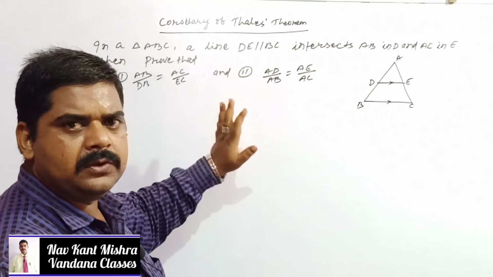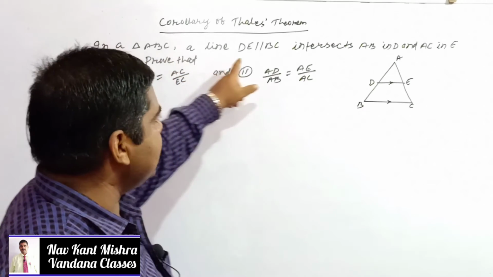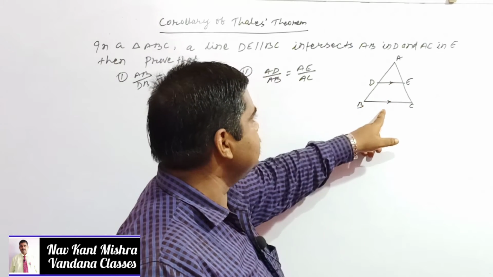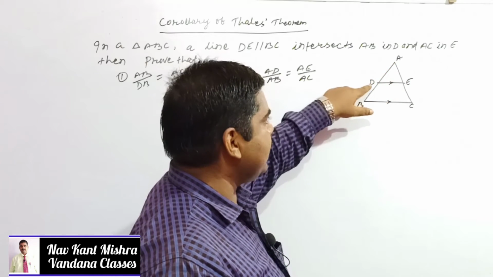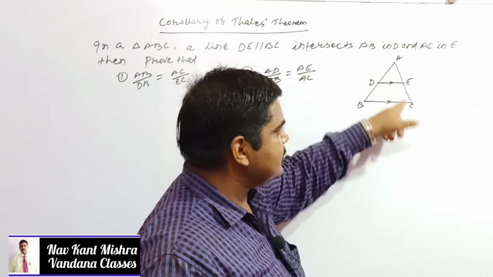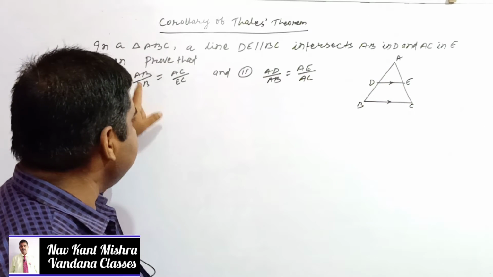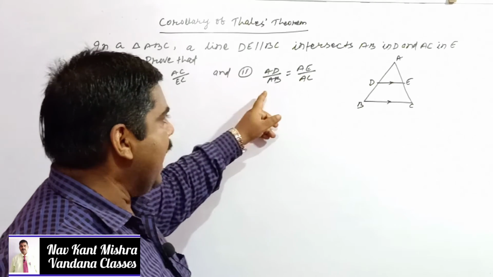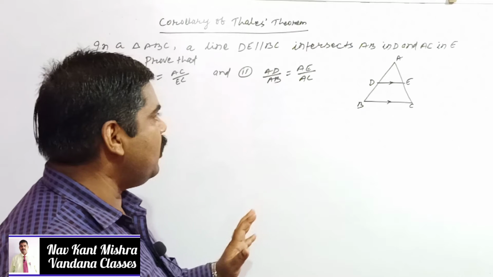This is the task for you: in a triangle ABC, a line DE parallel to BC intersects AB in D and AC in E. Then you need to prove that AB upon DB is equal to AC upon EC, and AD upon AB is equal to AE upon AC.